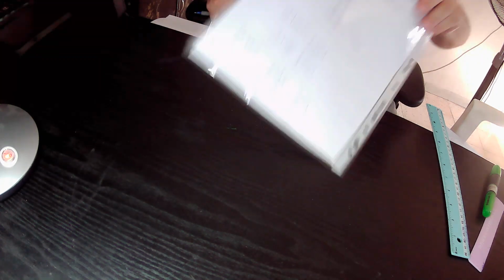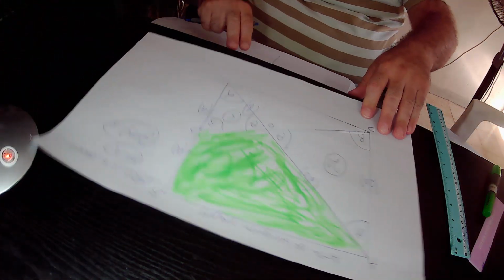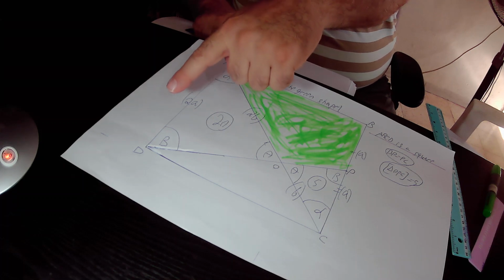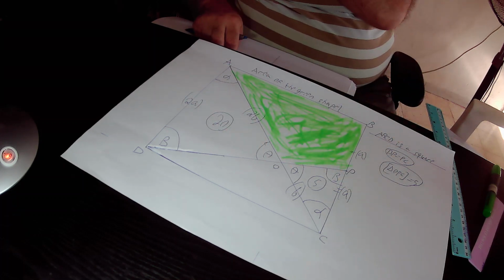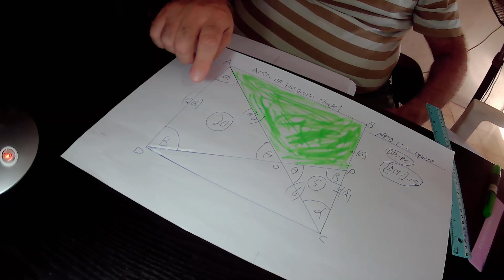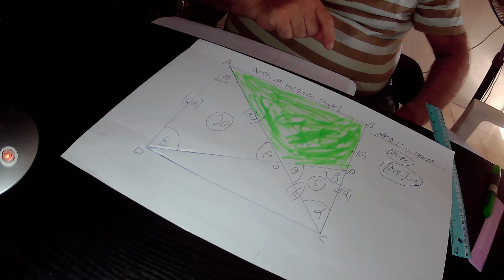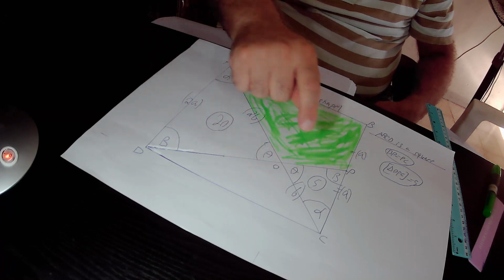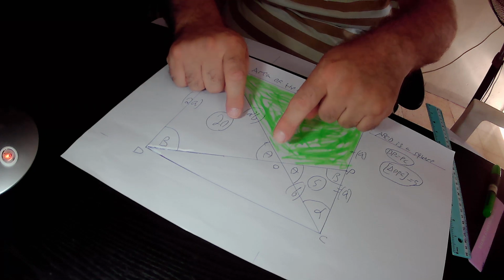Why? Because in our drawing, this is the big right triangle ADC. And we have here this line DO that divides this big right triangle ADC into two small triangles.